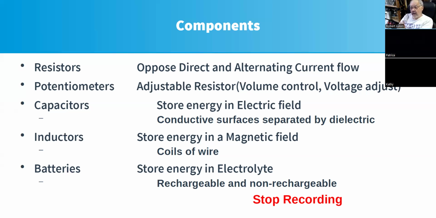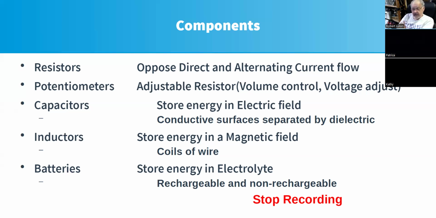Capacitors are essentially conductive surfaces separated by some insulator, or we call it a dielectric, which is kind of a fancy name for an insulator. Inductors, kind of the opposite, store their energy in a magnetic field.